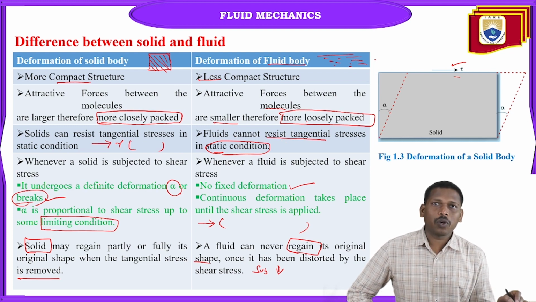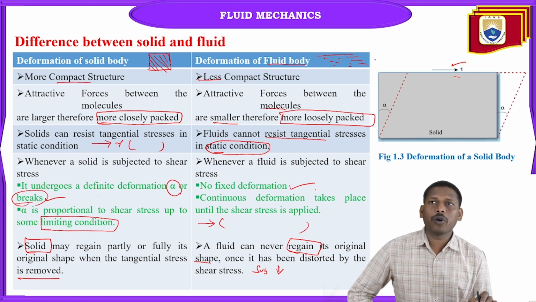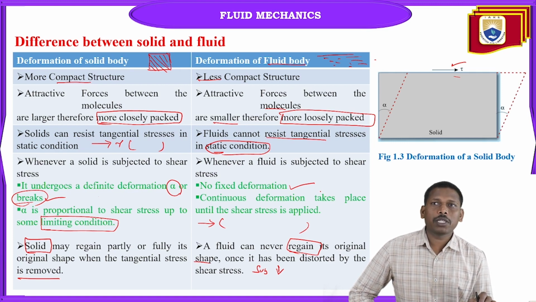When you apply a certain load on a solid body, it may deform up to a certain limit. After that, it will break. Whereas if you apply the same shear stress on a fluid element, there is no fixed deformation, and we will get continuous deformation until the shear stress is applied.